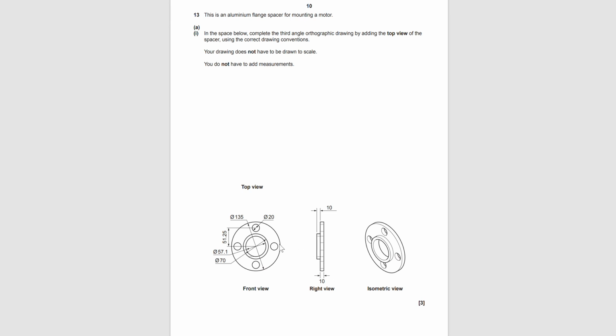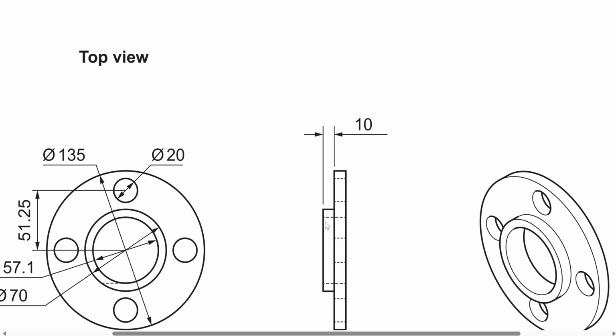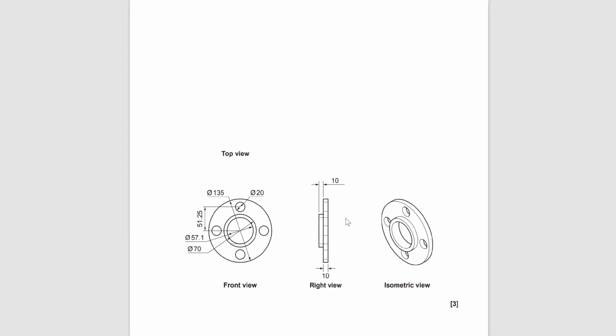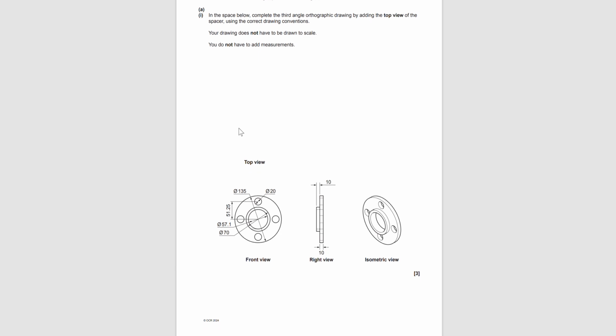Not forgetting that we use our guidelines to take up the key pieces of information, and we also think about things like our line technique. So we can see here the example has given us these dashed lines showing us hidden details. I would expect to see those hidden details also shown here on your top view.